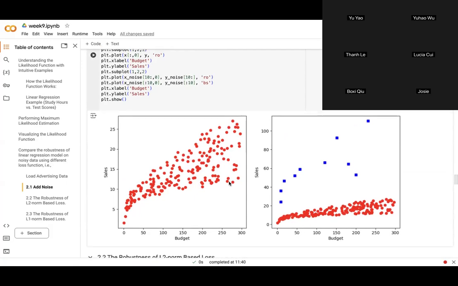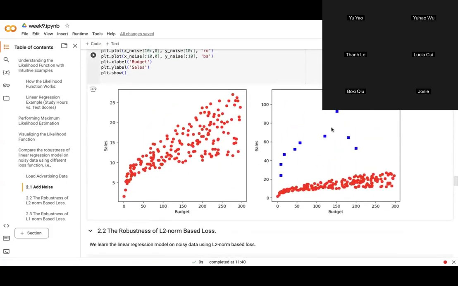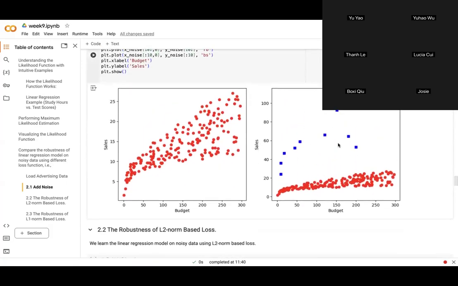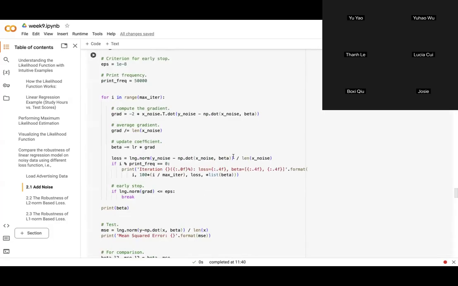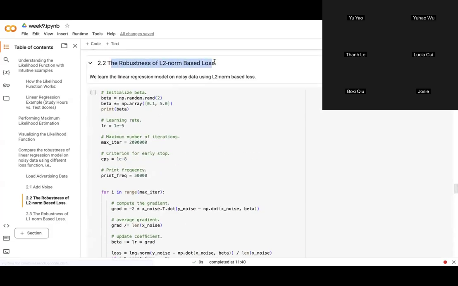So now we will optimize our linear regression model based on different loss functions, L2 and L1. We will see which one can return a better linear regression model with this added noise. Okay, the robustness of L2.